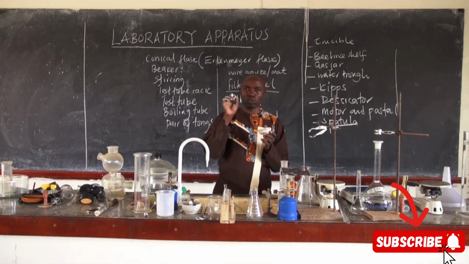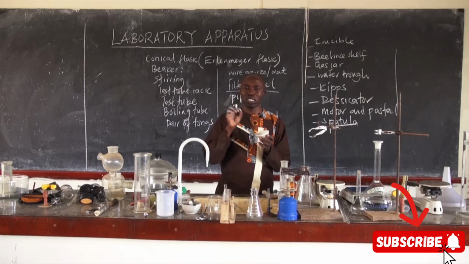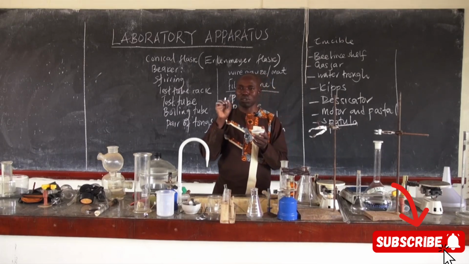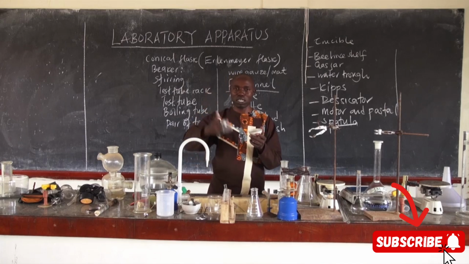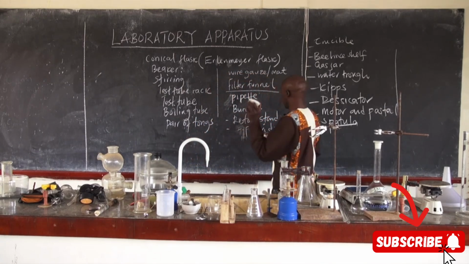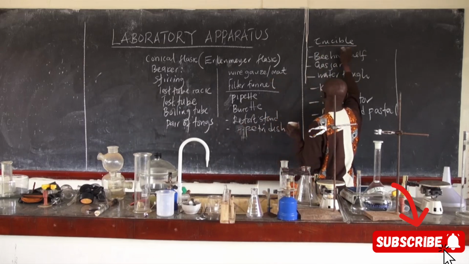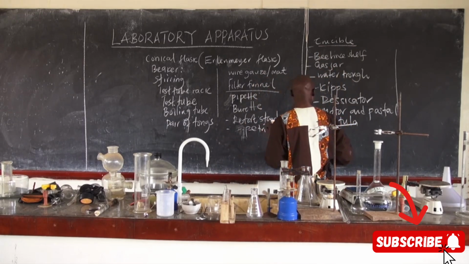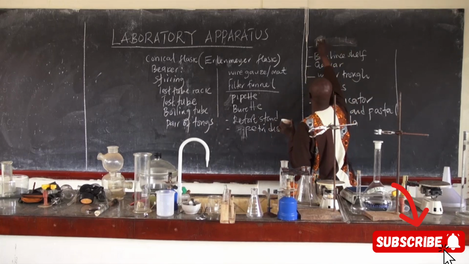There is what we call a crucible. I don't have it here. A crucible is normally used to heat solid substances at very high temperatures, to eliminate the moisture content in them. But it's missing here. This is the evaporating dish. The crucible is missing here.